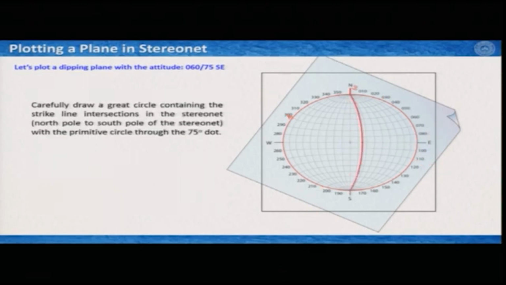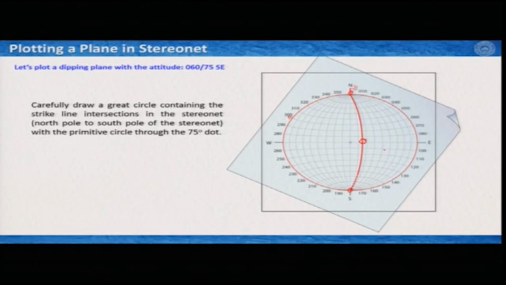Now, this task requires a little skill, but with practice you can do it very easily. What you have to do, you have to carefully draw a great circle containing the strike line intersections, that means your north pole and south pole and the 75 degree dot that you have made on the previous step.